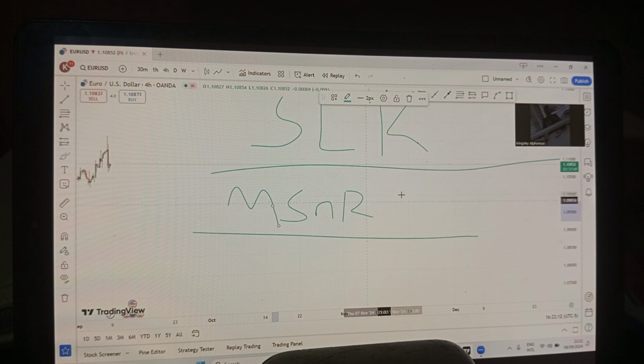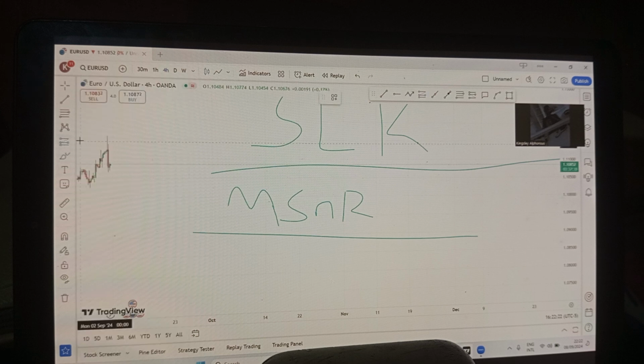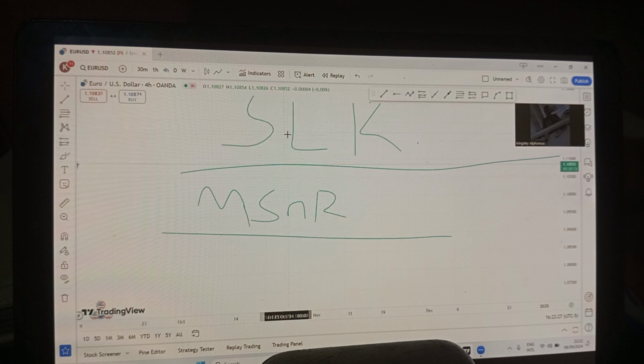So depending on the name you call it, but actually we call this SLK. So SLK stands for structure, liquidity, and key level.